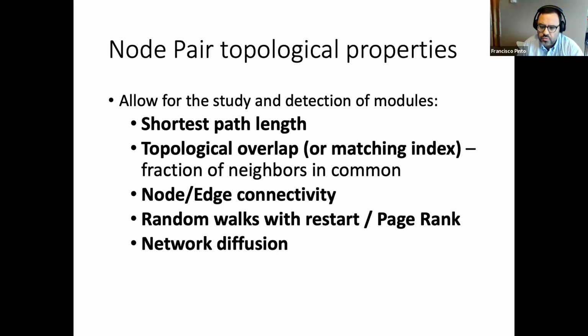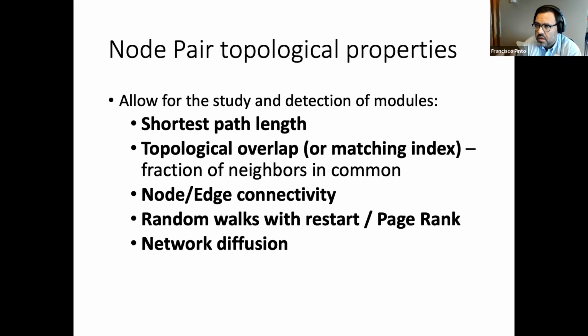So if you have two nodes, node A has 10 neighbors and node B has 20 neighbors. If you make the union of those sets of neighbors, you get 25 nodes.